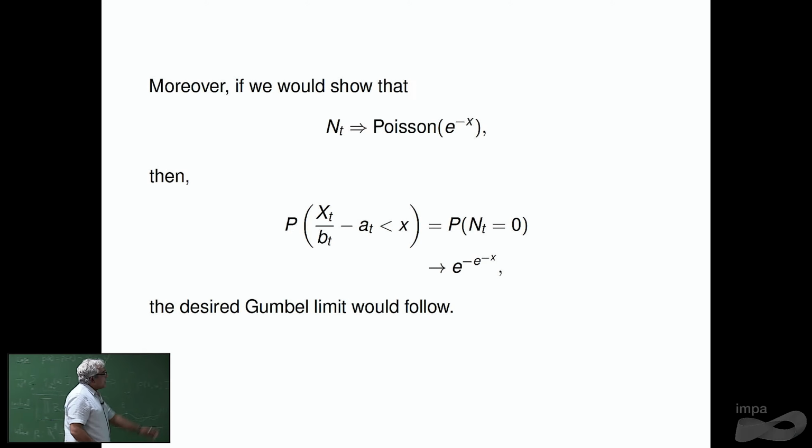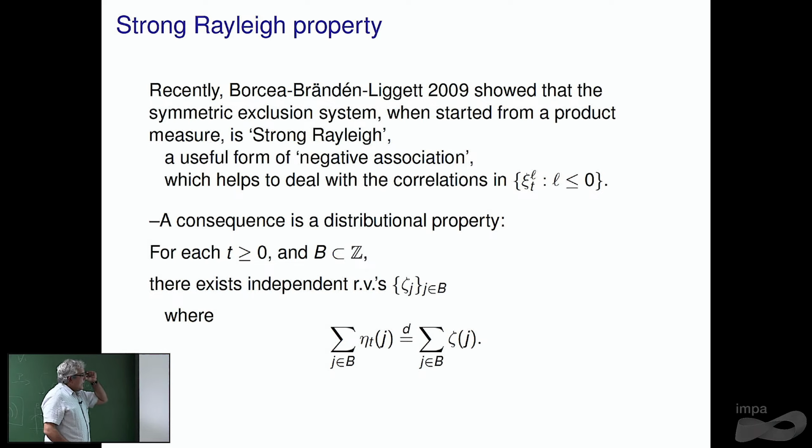Okay, so the question is how to show this Poisson limit. We have a couple of ways now, but let me go through the old way, which I think has some interesting points which, if one is interested in the exclusion process, might be useful. It turns out that the symmetric exclusion process has this very strong negative association property, and I'm going to say what it is in the next slide.